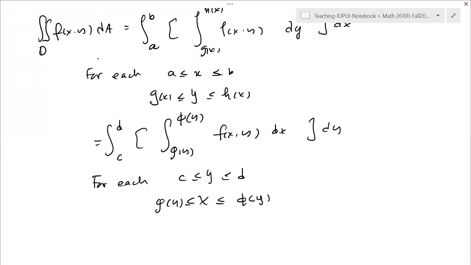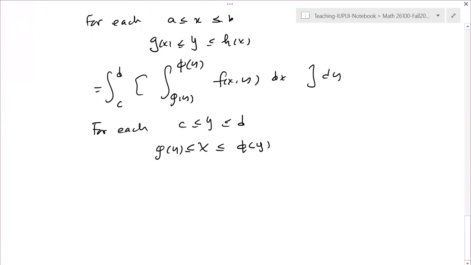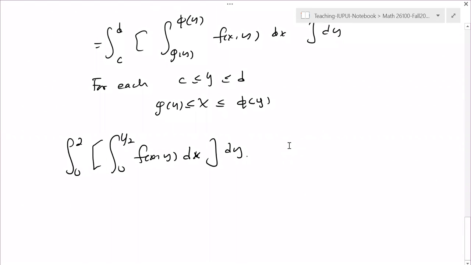Now, sometimes you are given the iterated integral, so you have to figure out the domain first, go through the double integral, and then you get to the other one. If you're given this, what does that mean?